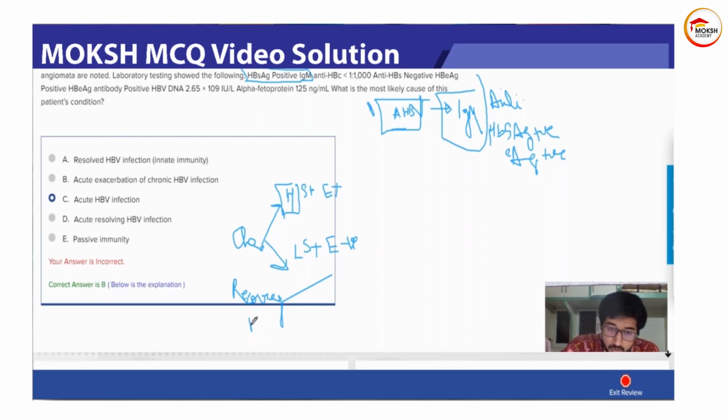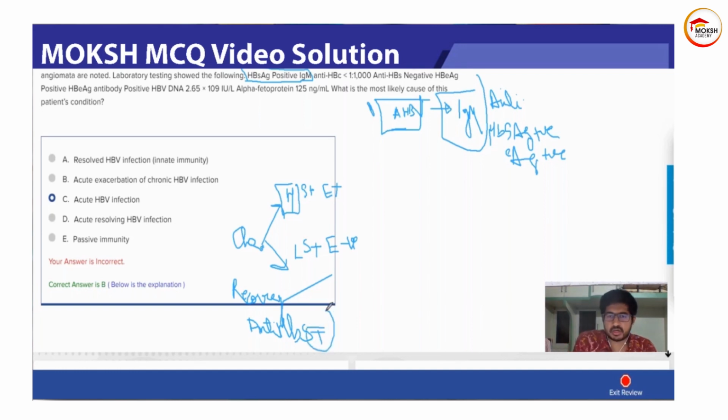So antibodies to HBsAg will be positive, right? Does it make sense? Because a person has recovered from an infection and now the body has developed antibodies to fight off that infection. So in a recovery case, you will have anti-HBs positive, plus anti-HBc positive.